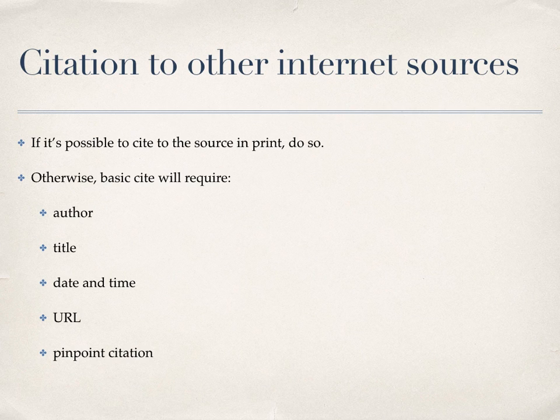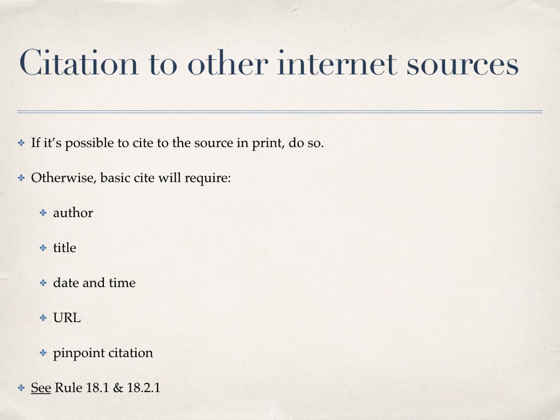But as you can imagine, the range and variety of internet sources out there are just too broad to cover in this short podcast. So I'd really like to call your attention to Rules 18.1 and 18.2.1. At 18.1, you'll see an excerpt of examples of how to cite different types of authorities and different types of sources from the internet. 18.2.1 gets into more depth with more examples of how to format author, title, date and time, URL, and pinpoint citation for specific types of sources.